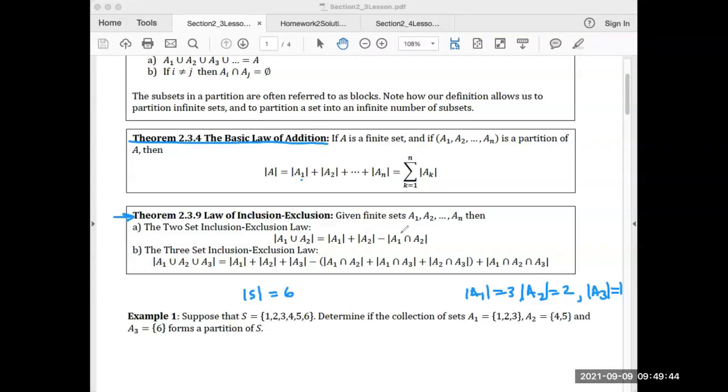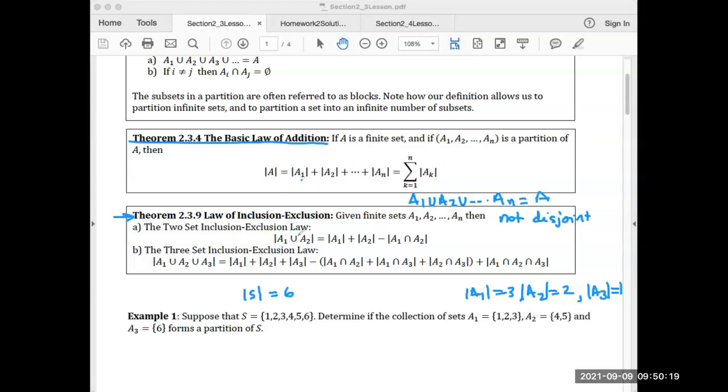If it's not a partition, so if there is overlap between the sets, but A1, A2, ..., AN have a union that makes up the original set, so you account for all the elements, but they're not disjoint, there could be overlap between subsets.